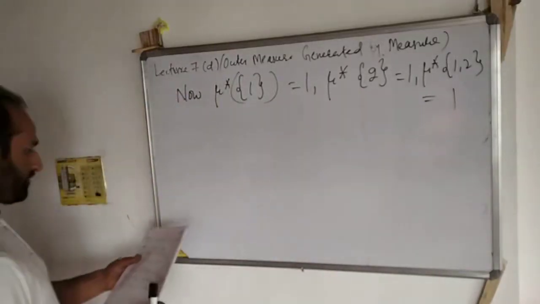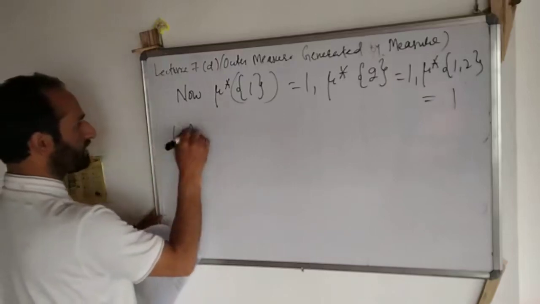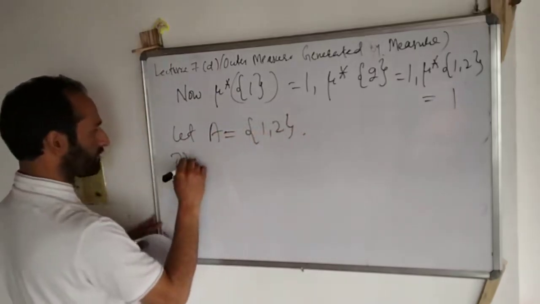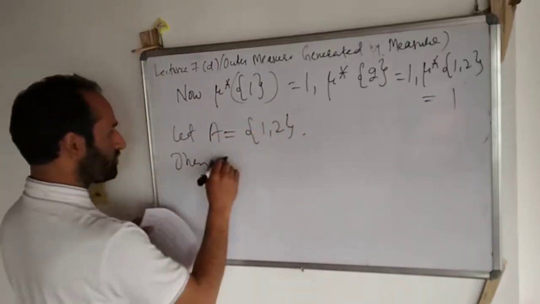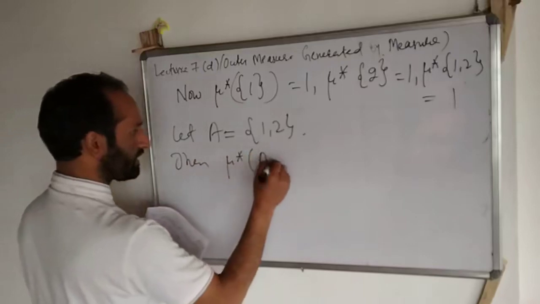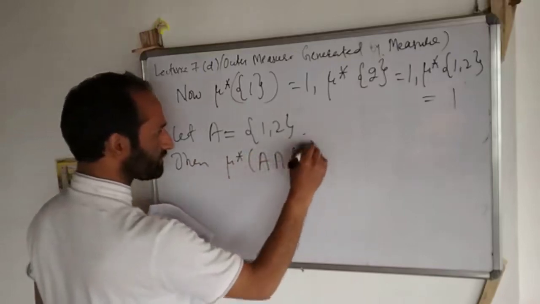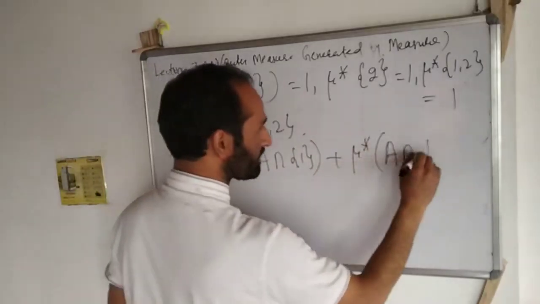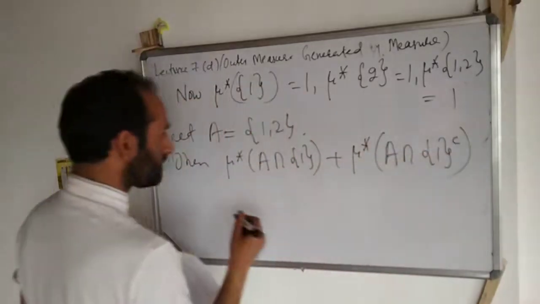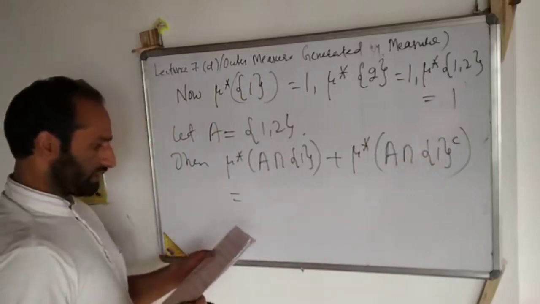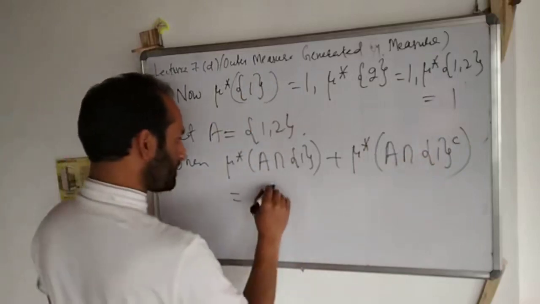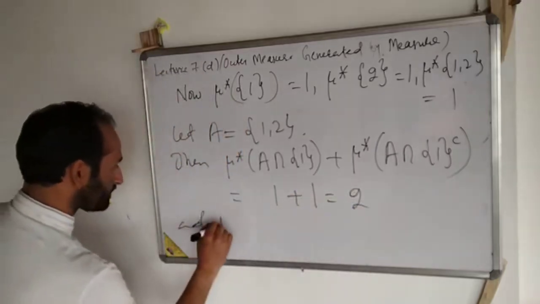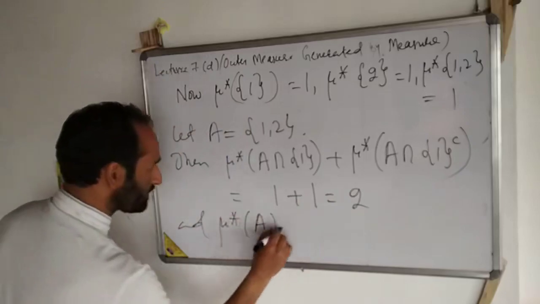Now let A be equal to {1, 2}. Then mu star of A intersection {1} plus mu star of A intersection {1} complement: both are equal to 1, so it's 1 plus 1, which is equal to 2, and mu star of A is 1.